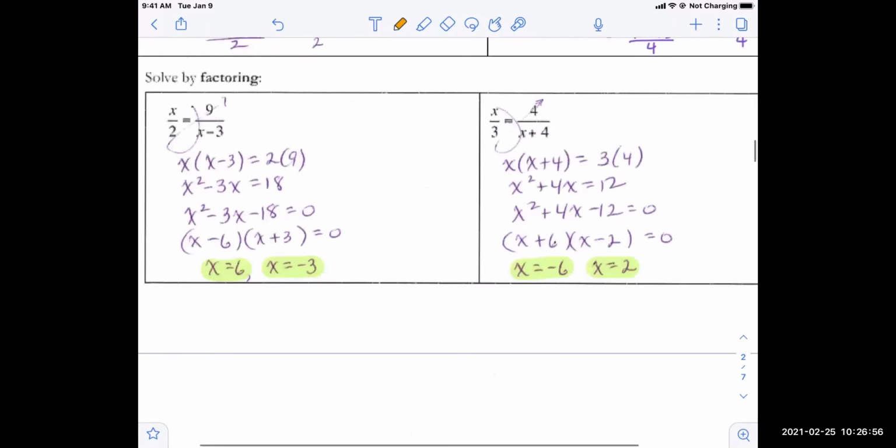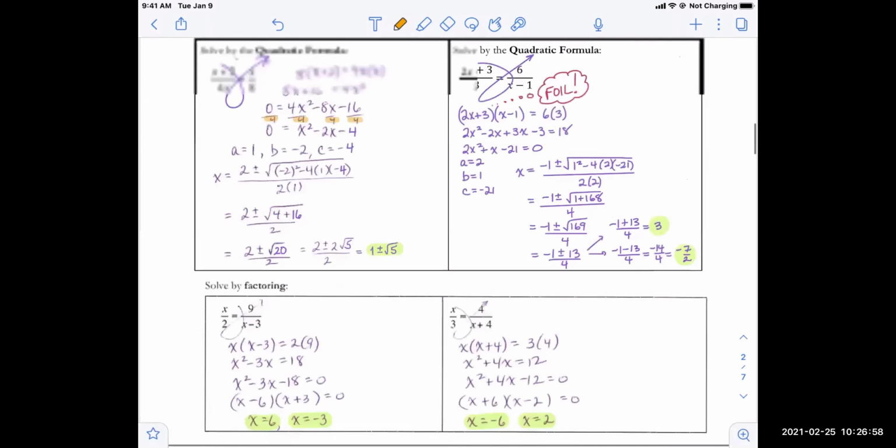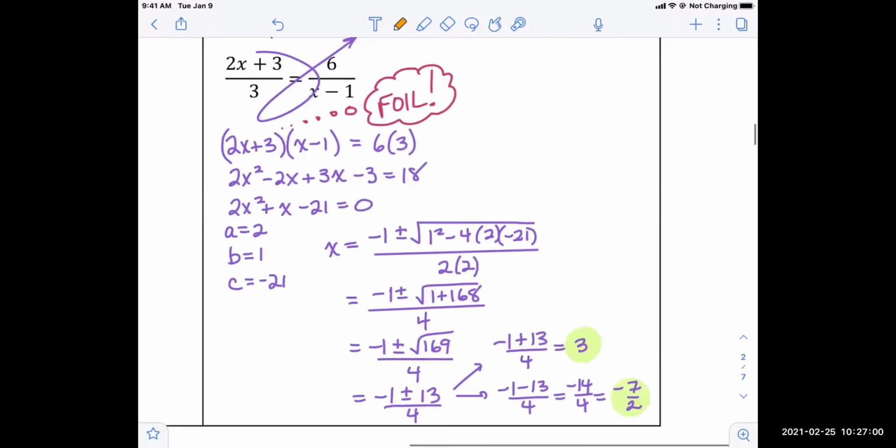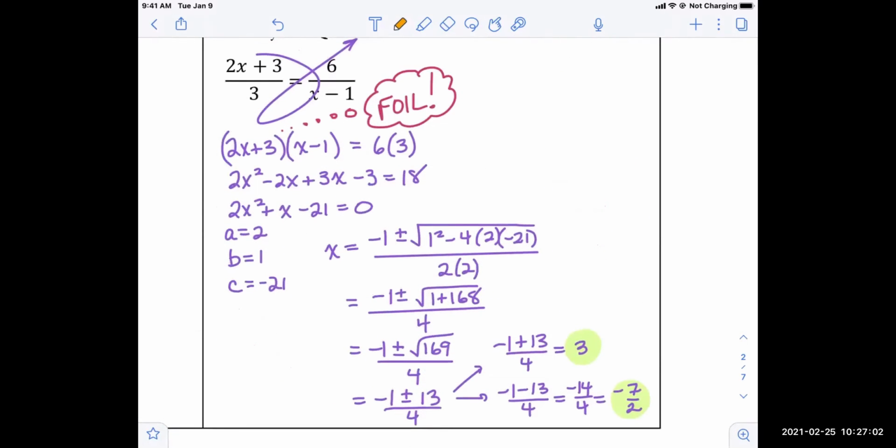Okay, here's the 2 at the bottom. This one actually would have been factorable. You can tell that by the answers that we got there. So if you factored this, you'd have 2x times x. And then to get -21, what numbers do you think we're going to use there?